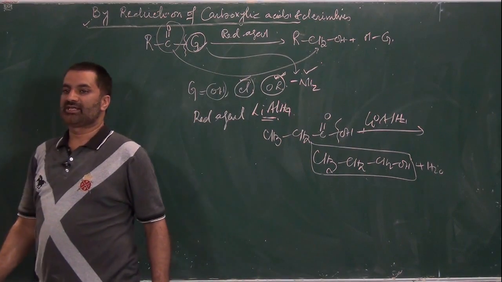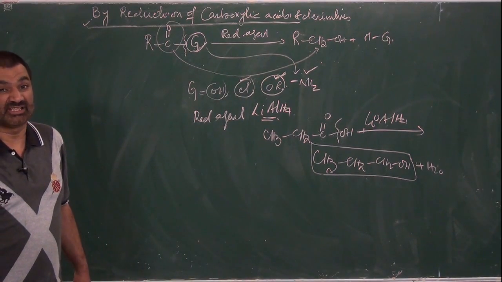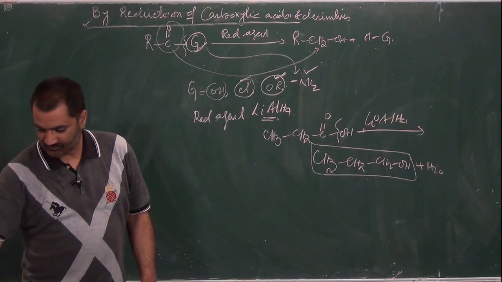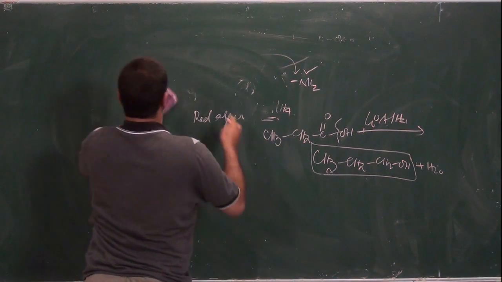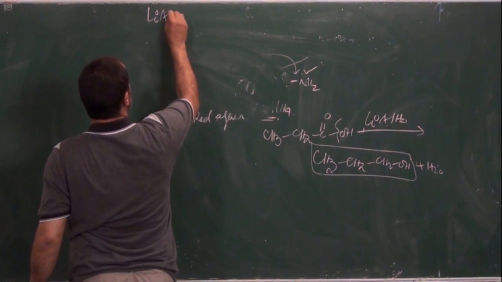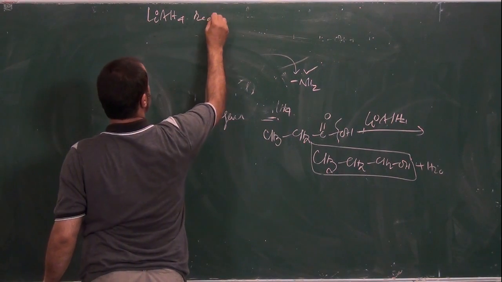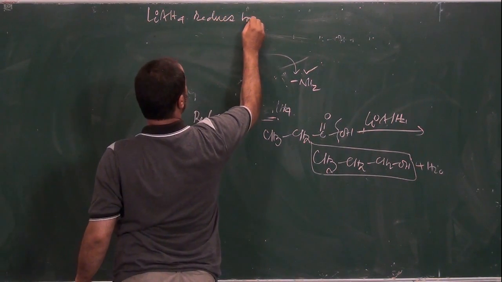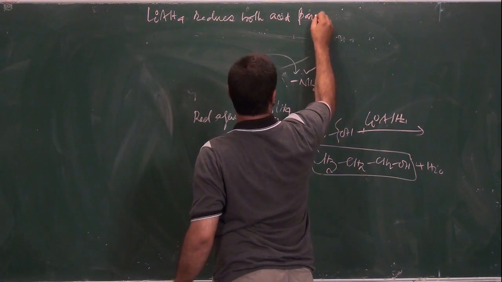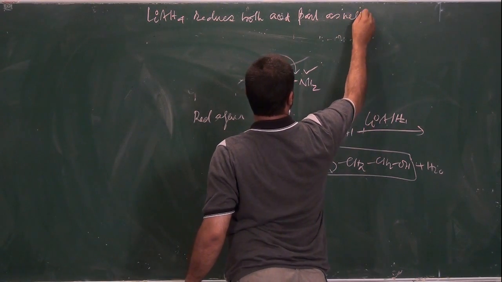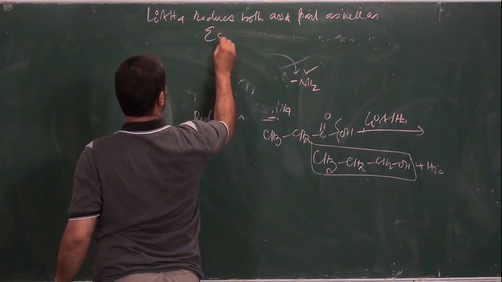Lithium aluminum hydride can reduce both the acid part as well as the ester part. Write down: lithium aluminum hydride reduces both the acid part as well as the ester part.